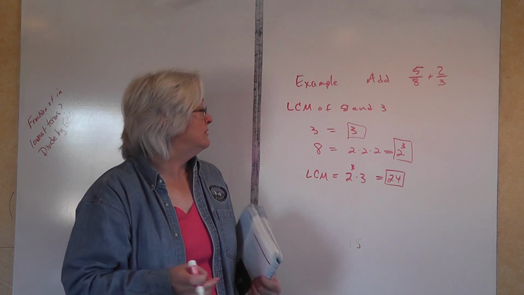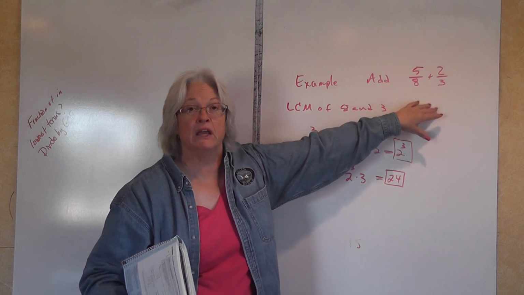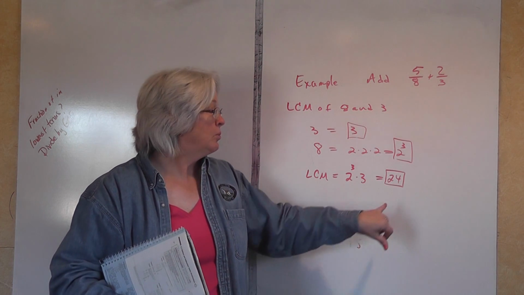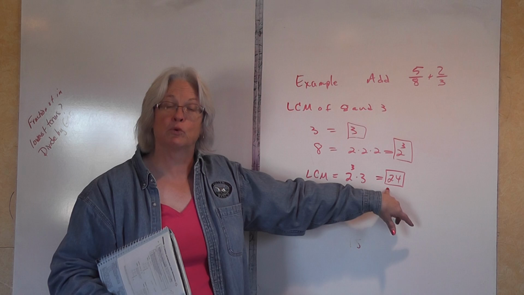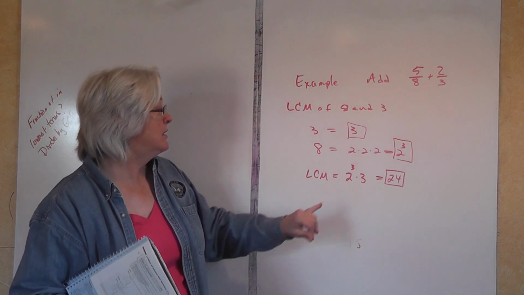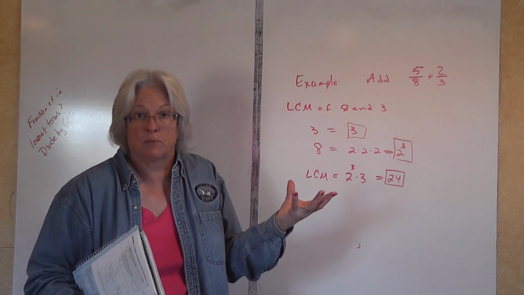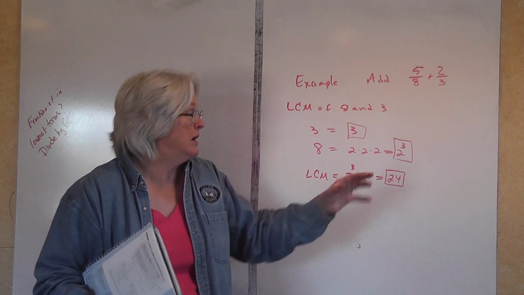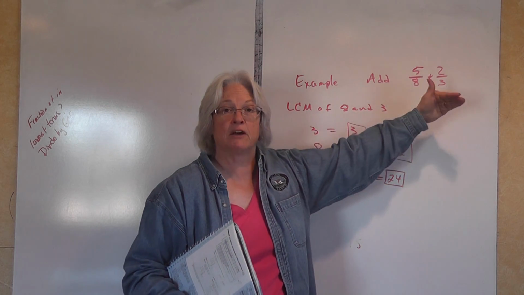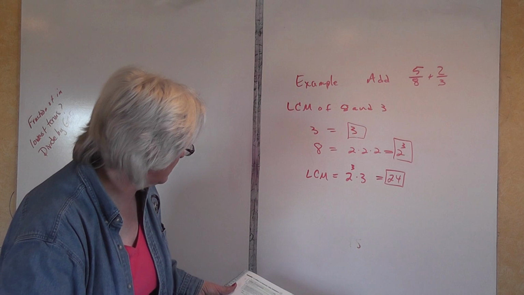Now, what we need to do is rename each of these two fractions with a denominator of 24 in order to be able to add them together, because once we have a denominator of 24, then they're the same kind. Both fractions have been divided into 24 equal parts.